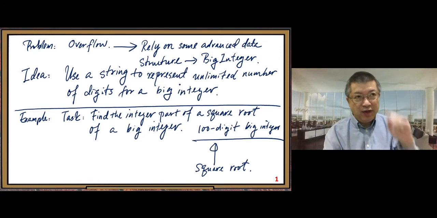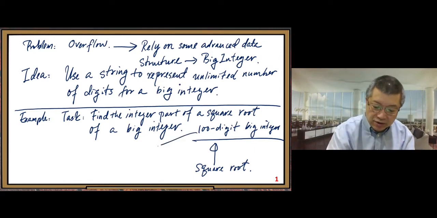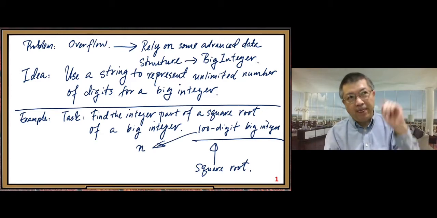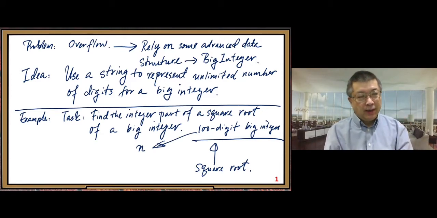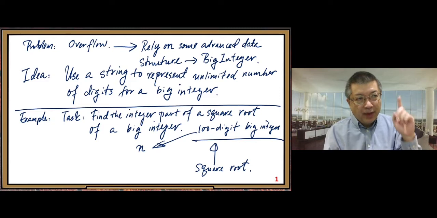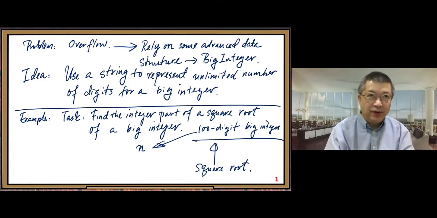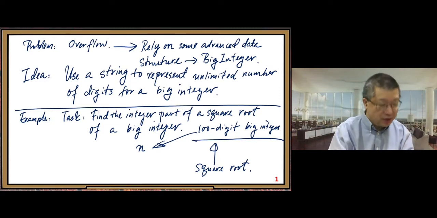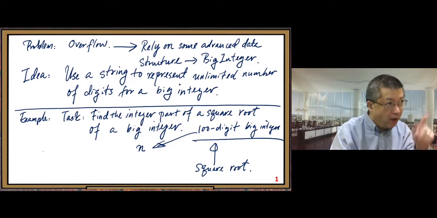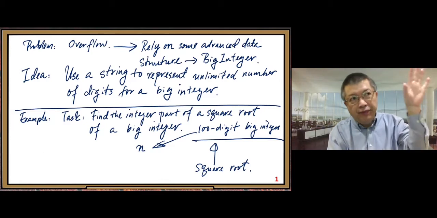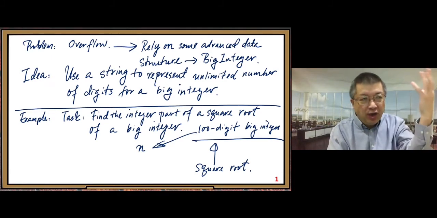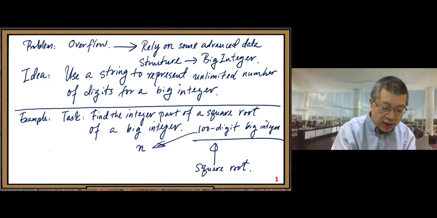So for example, suppose this 100-digit number is n. Then I want to find the integer part of the square root, dropping the fractional part. Suppose that is a.